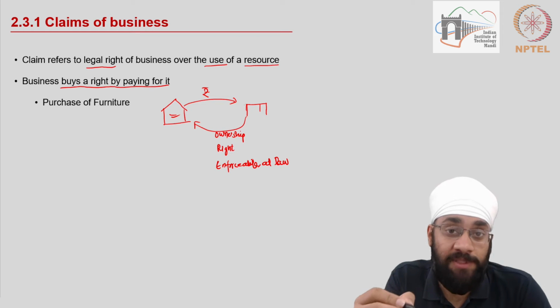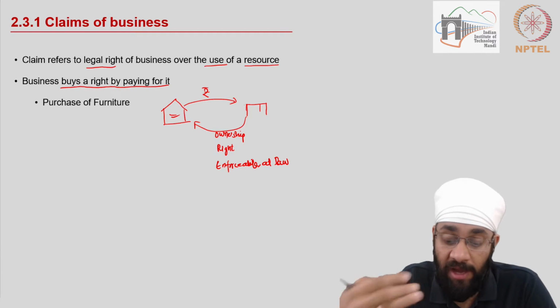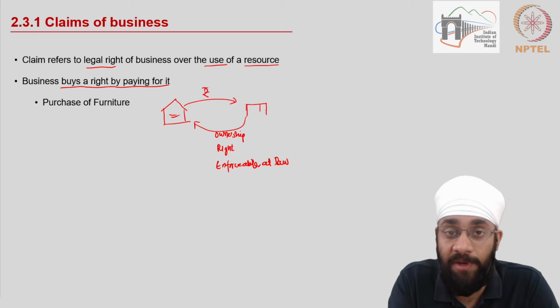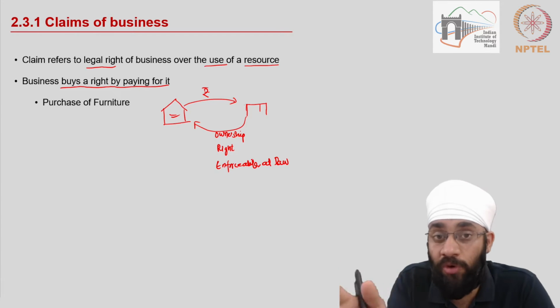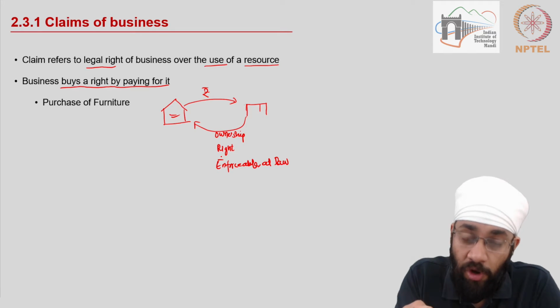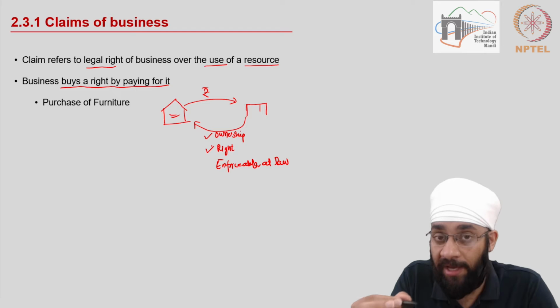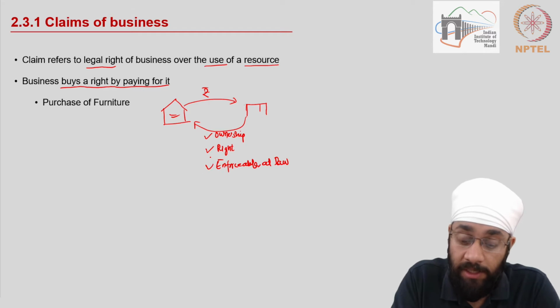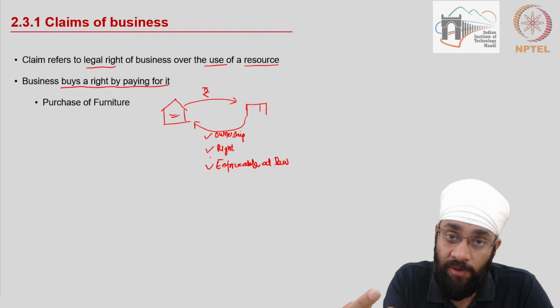So when the police comes, they will go to the person who has stolen your furniture, and they will ask them to bring it back, or they will bring it back, and then they will punish this person because he stole from your premises. So when we talk about a claim, we are talking about ownership, a right over the use of a resource. And when we say right, we really mean that you have a legally enforceable right on that resource.